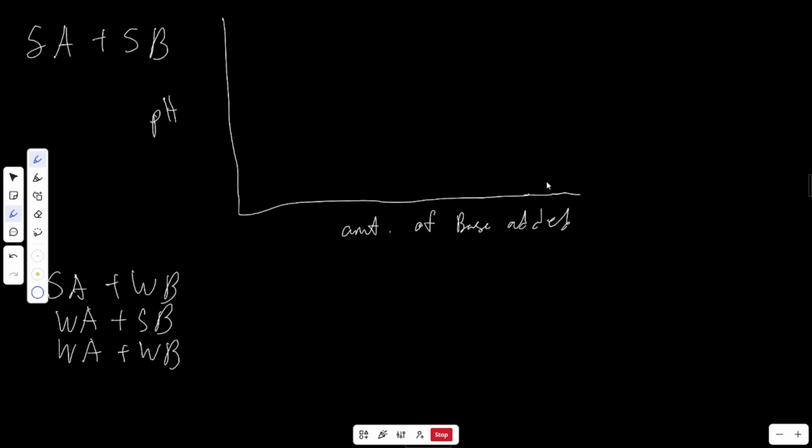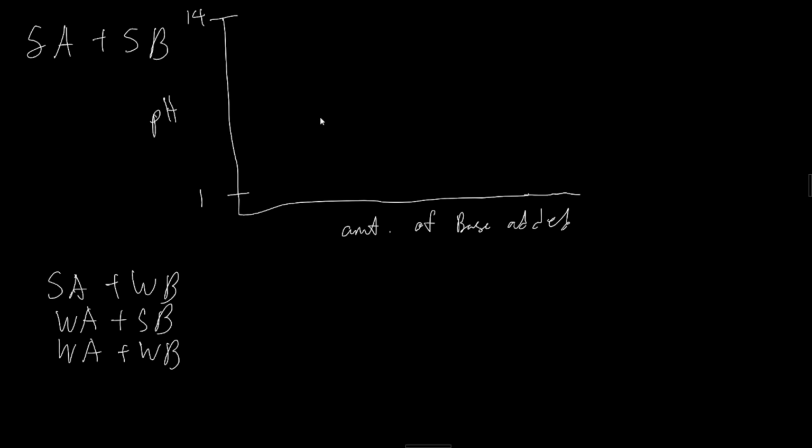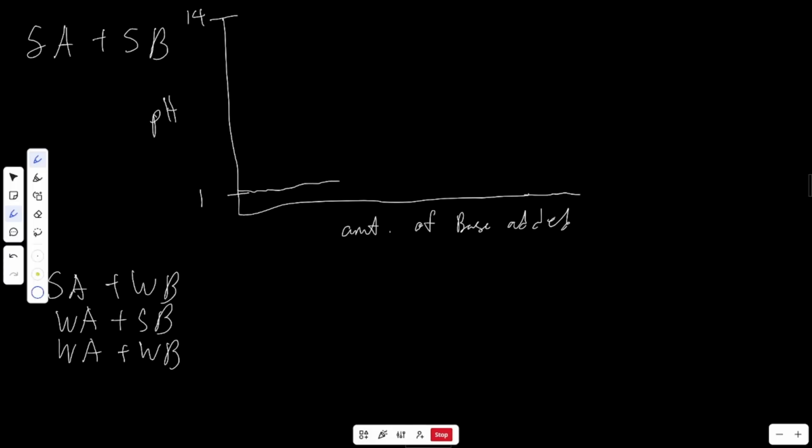Let's say we're given a certain strong acid. Let's say this is pH 1, and this is pH 14. So if we have a strong acid and a strong base, and we're starting with an acid, our curve will start here. Now let's say that we had 25 ml of strong acid.